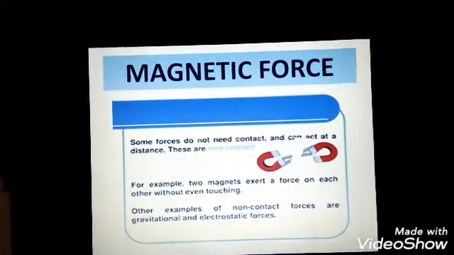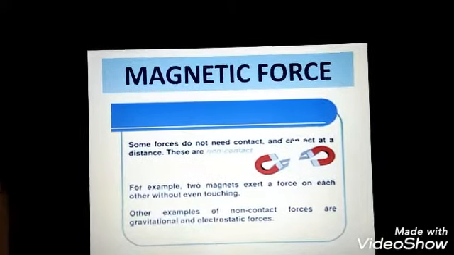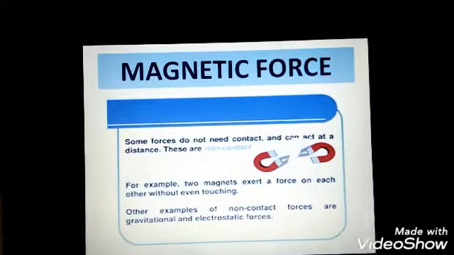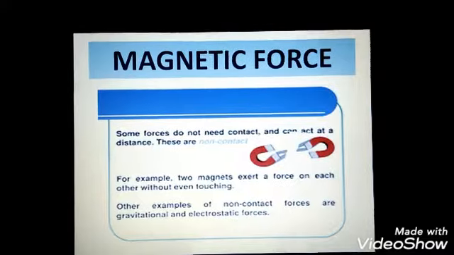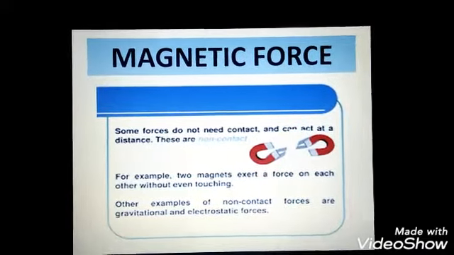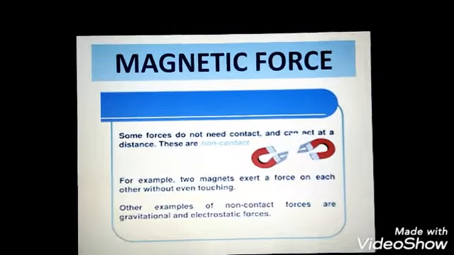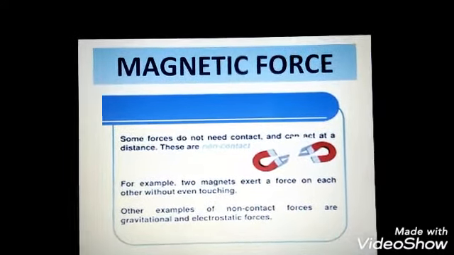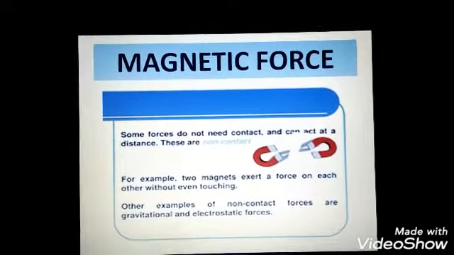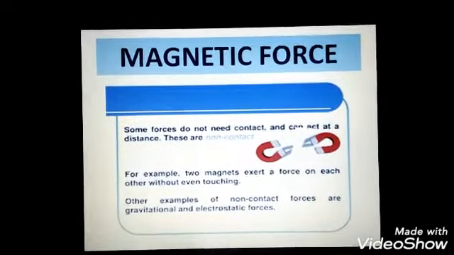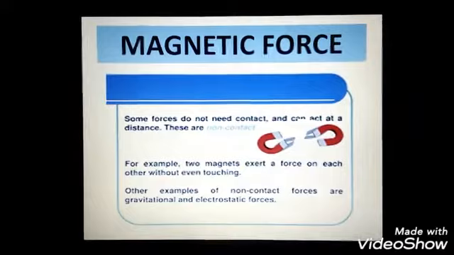Repulsion is a force of push and attraction between the magnets is a force of pull. Right? So magnetic force is a type of non-contact force. Why? Because even though the magnets are not touching each other, they can exert a force between them. The magnets also exert magnetic force on other magnetic substances like cobalt, nickel, steel, iron, etc.